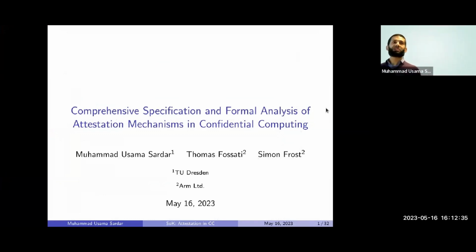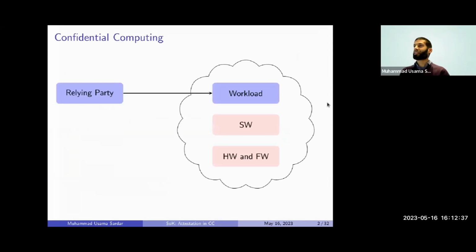The field of confidential computing itself has no formal definition so far. It's emerging, and people have used it in many different ways and with many different meanings. So the way I would like to present it is that we have one relying party, and it would like to upload its workload or application to the cloud or to some third-party infrastructure where it has less control than on its own machine.